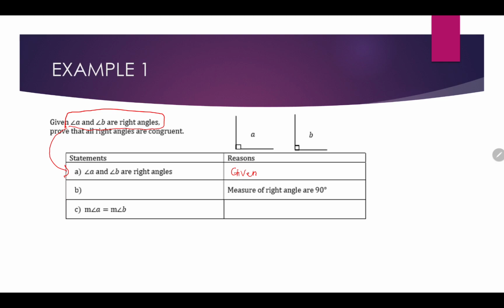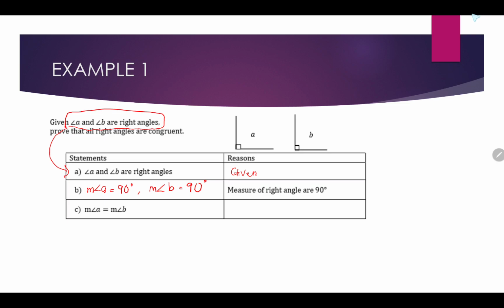The measure of angle A equals 90 degrees and the measurement of angle B equals 90 degrees. Both are right angles, so the reason is the measurement of a right angle is 90 degrees.